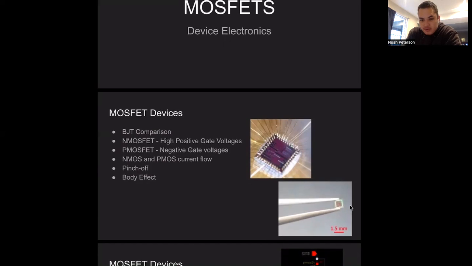Here's another example, a really small integrated circuit where you can have millions of transistors on one of these devices.